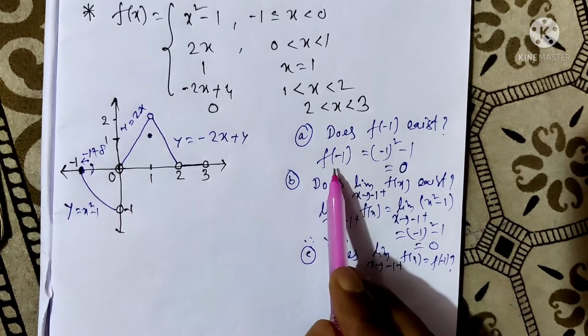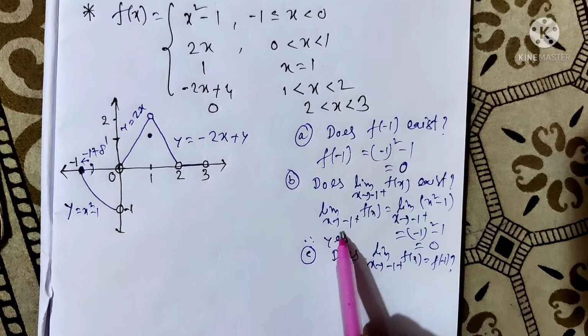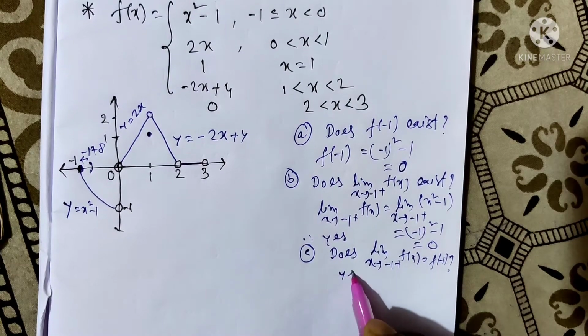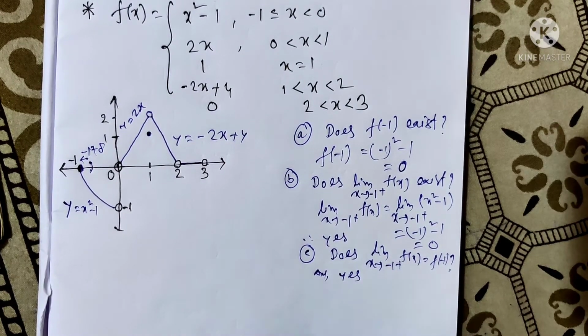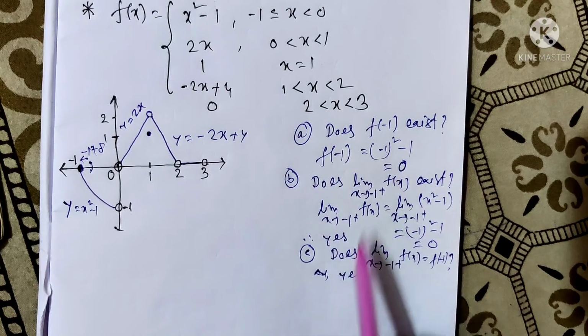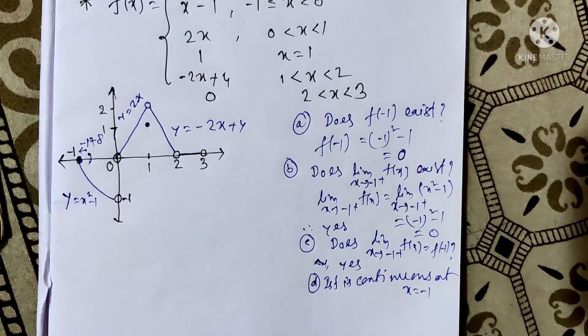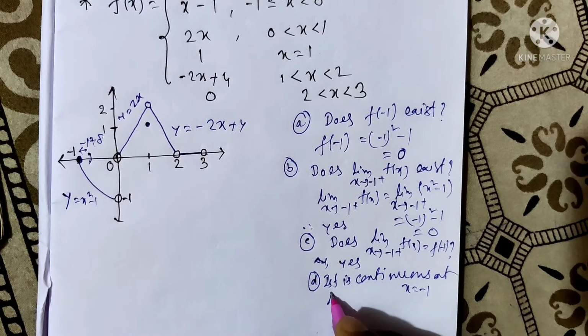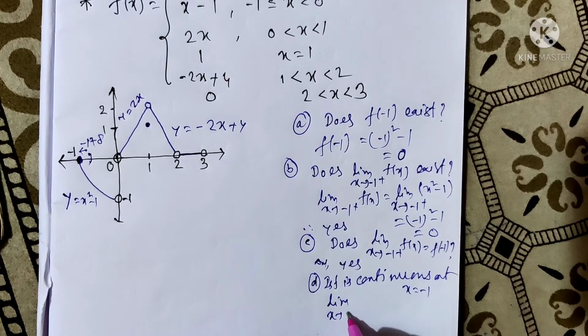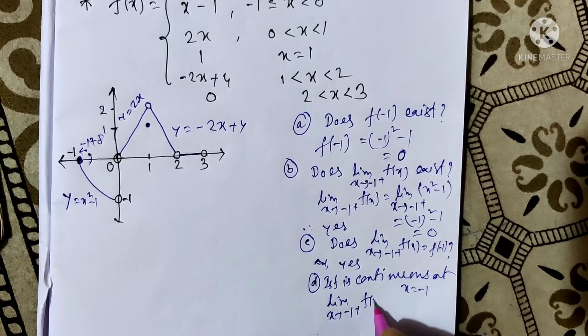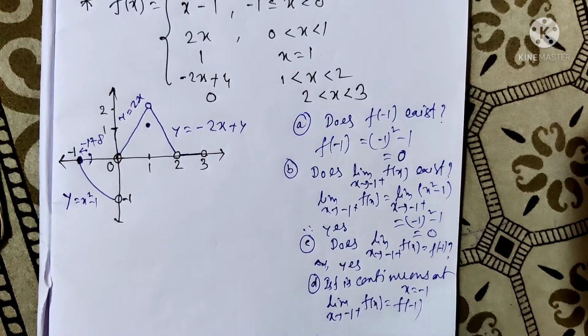Does the limit as x tends to -1 plus of f(x) equal f(-1)? Yes, because f(-1) is 0 and the limit as x tends to -1 plus is 0. The fourth question is, is f continuous at x equals -1? Yes, because the limit as x tends to -1 plus of f(x) equals f(-1).